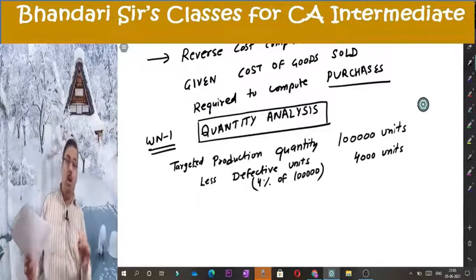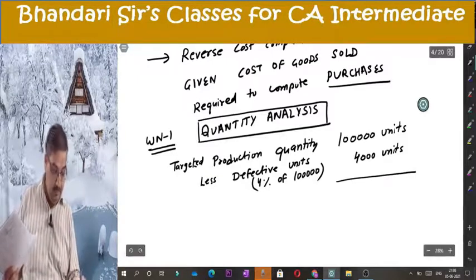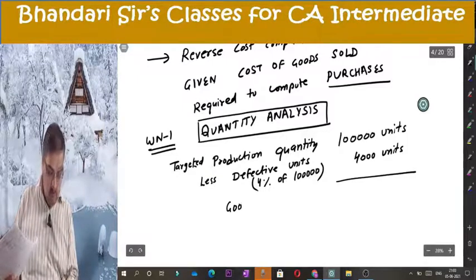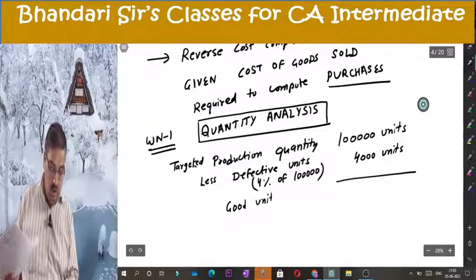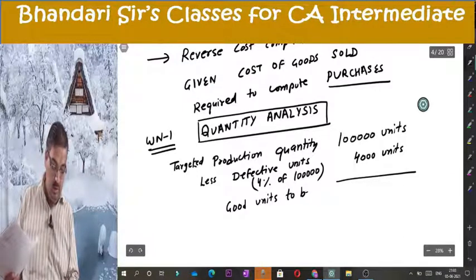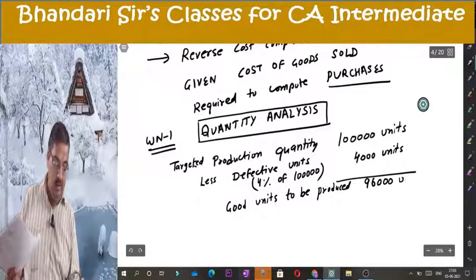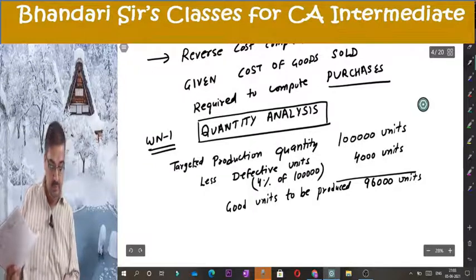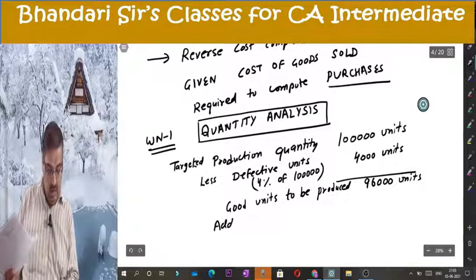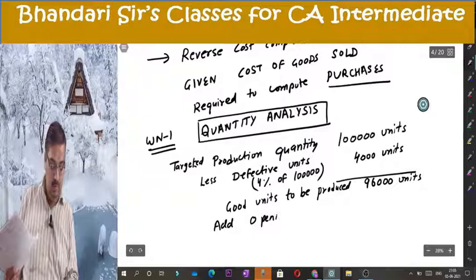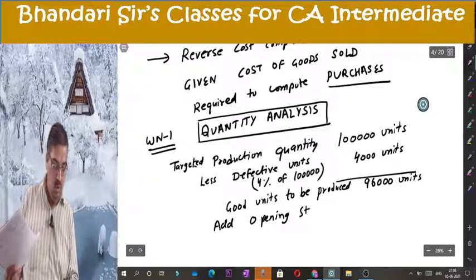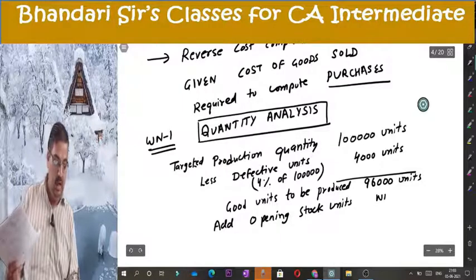At this moment, quantitative analysis. Good units to be produced, 96,000 units. Add opening stock units nil.